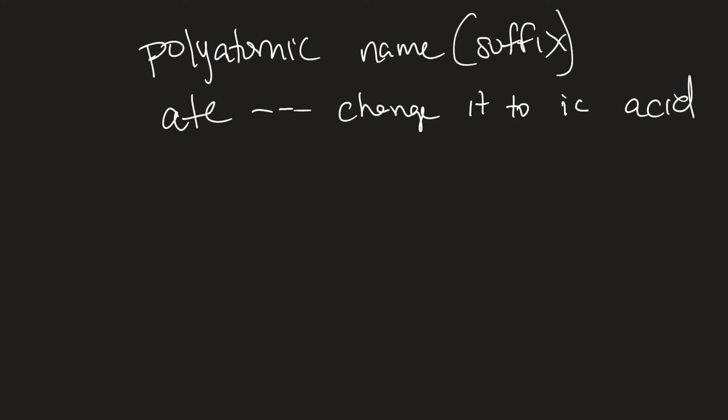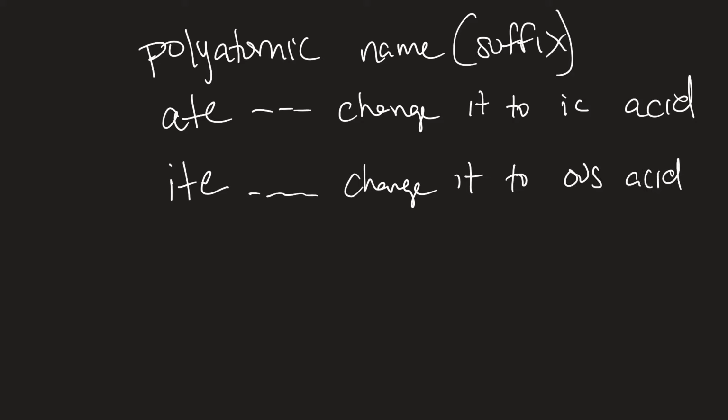If the polyatomic ends with ite, you will change it to ous acid. Let's go through a couple of examples so you know exactly where I'm coming from.